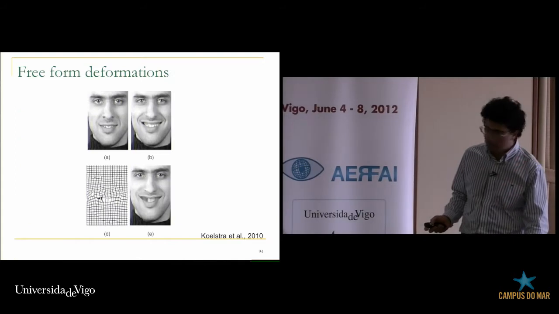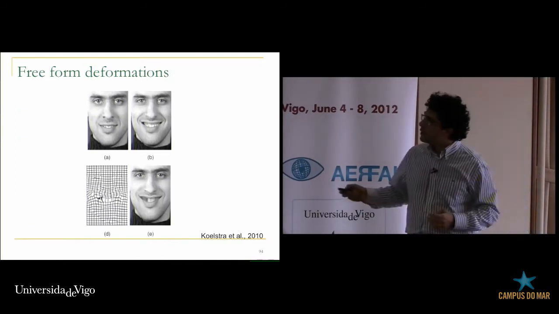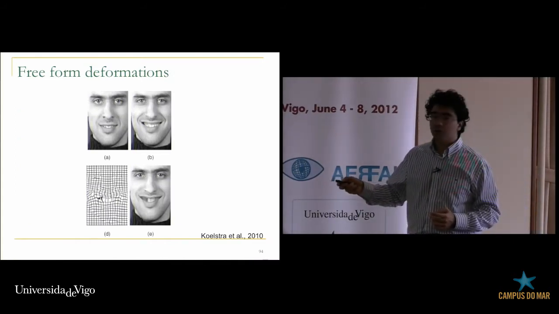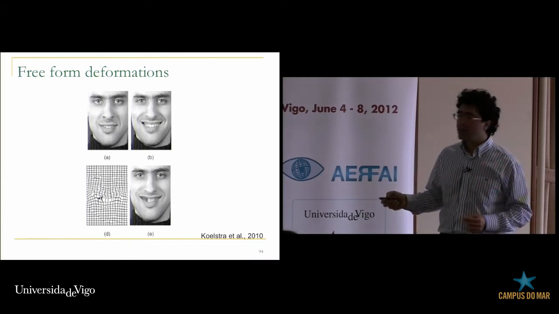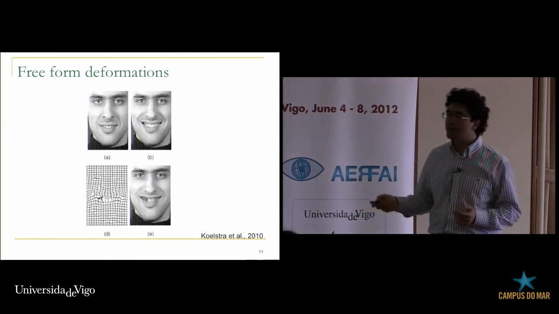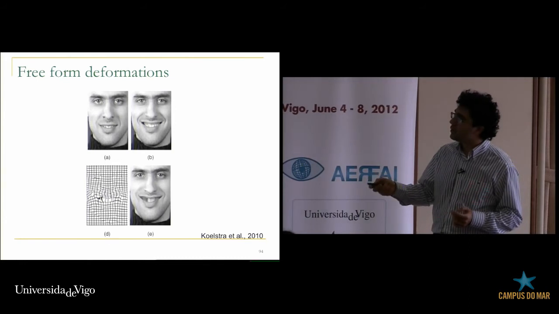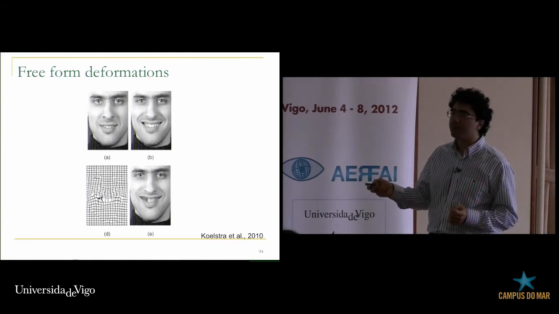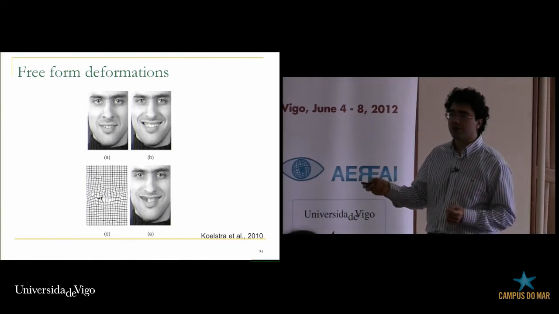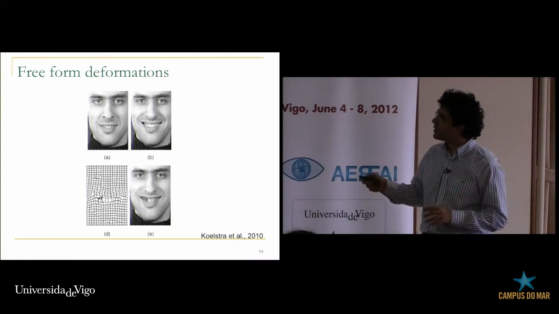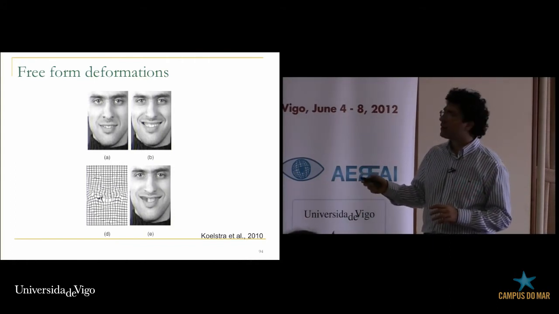Here's an example. Suppose I give you a face, a neutral face, and this is also what I meant by idiosyncrasies. You see, it looks like a smiling face to me, but it's his neutral expression. So there is some variation. This is his actual smiling expression.